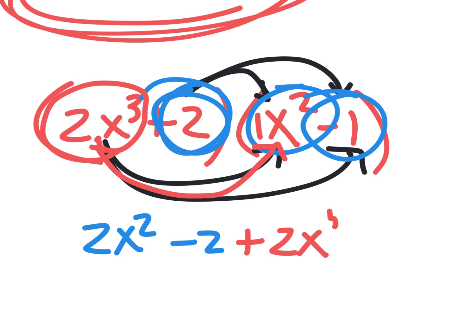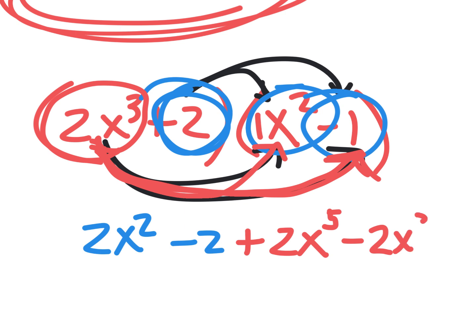X to the fifth. If you don't know, you add the powers on that kind. All right? And then 2x to the third times the negative 1. Anytime you multiply by negative 1, you just change the sign of the thing. So it's minus 2x to the third. It's the same as it was, it's just that it's now negative because I times it by negative 1.